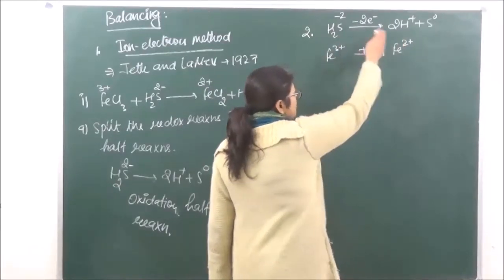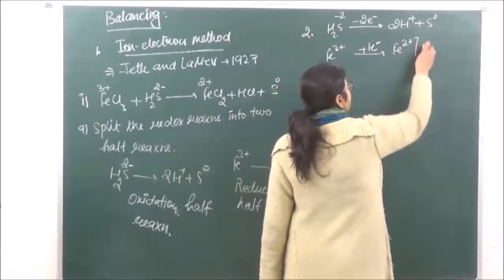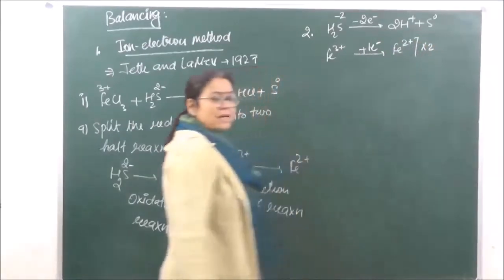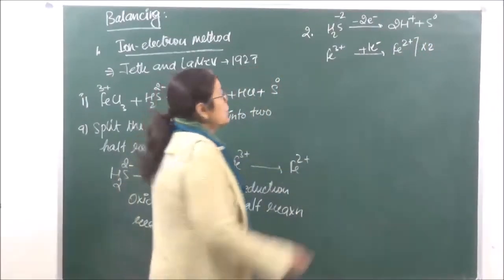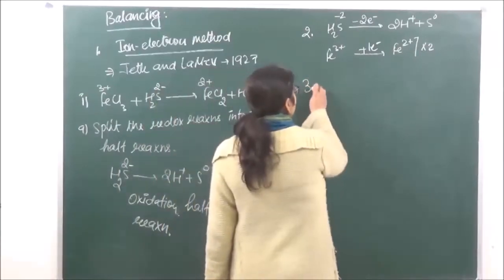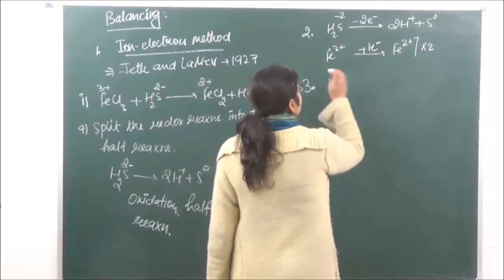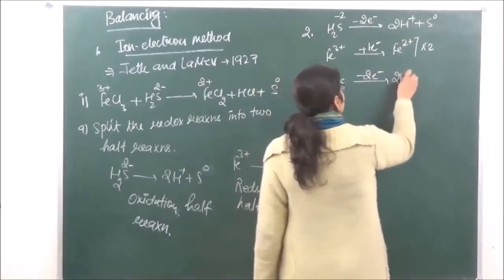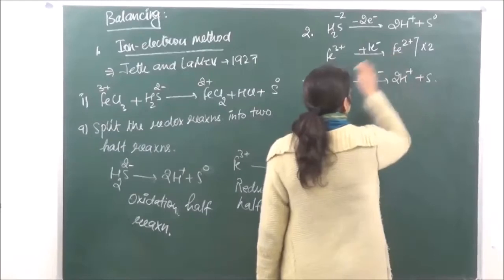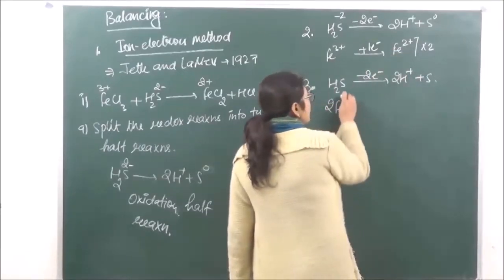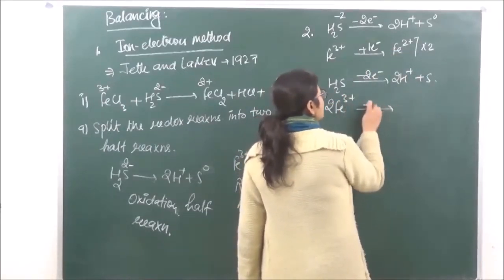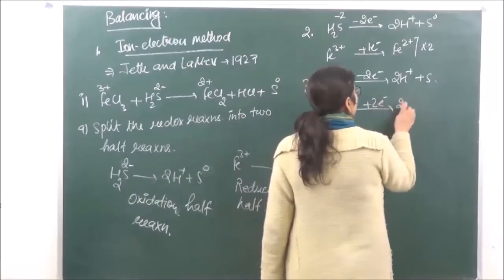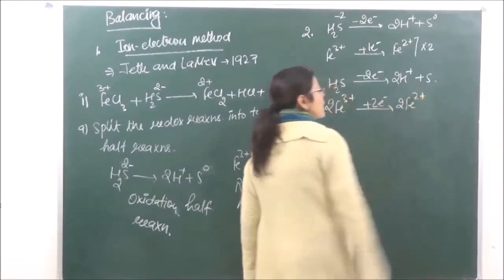So to balance the number of electrons, what do we have to do? We have to multiply this by 2, okay? So in the third step, what balanced reactions do we have now? H2S minus 2 electrons to give us 2H positive plus S, and 2 Fe3 positive plus 2 electrons to give us 2 Fe2 positive.